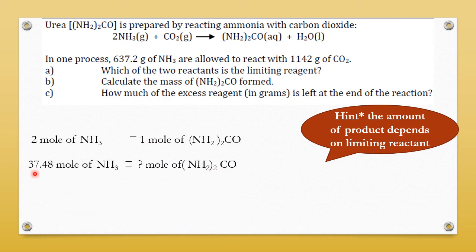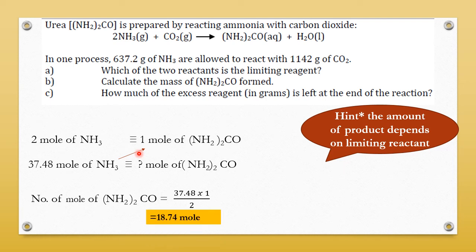So if I have 37.48 mole of ammonia, how much urea can I produce? 37.48 multiplied by 1 divided by 2, the number of urea produced is 18.74 mole. So 37.48 mole ammonia will produce 18.74 mole of urea.